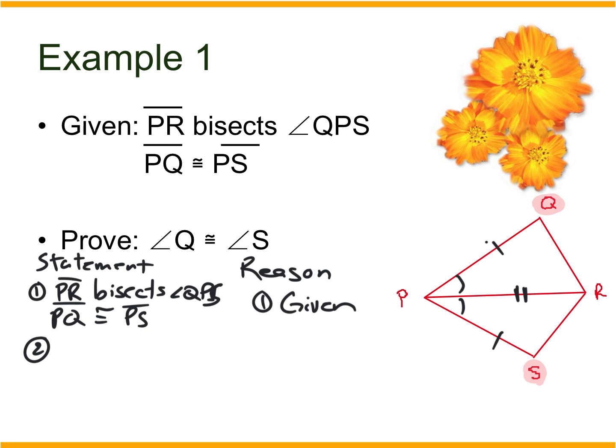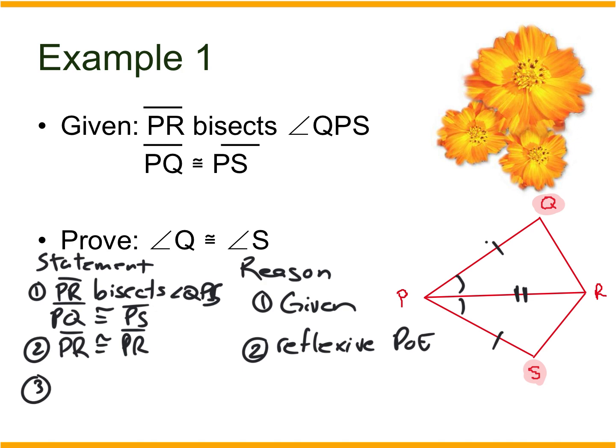Now, based on what I drew, we can either say that PR is congruent to itself, or we can say that angle QPR and angle SPR are congruent. I'm going to go ahead and do the segment first. PR is congruent to PR. This is the reflexive property, POE, property of equality.